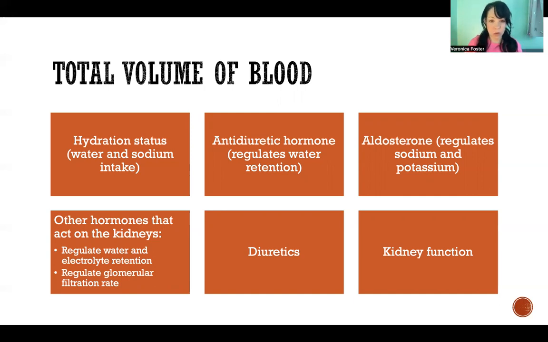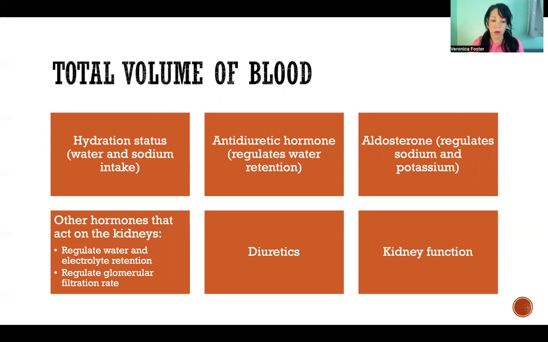Then there are several hormones that affect our total volume of blood: antidiuretic hormone, aldosterone, and several others that I'm actually going to discuss in more depth in my next video. So keep an eye out for that. But we have several different hormones that affect our blood volume by changing how much water or different electrolytes we're retaining.